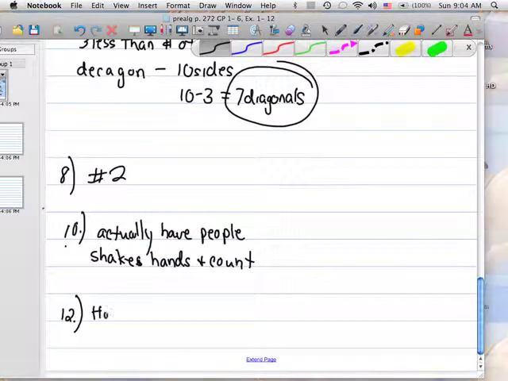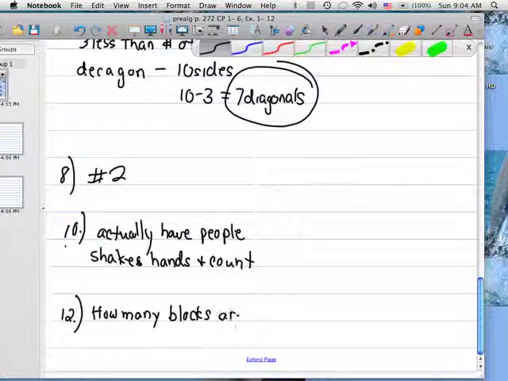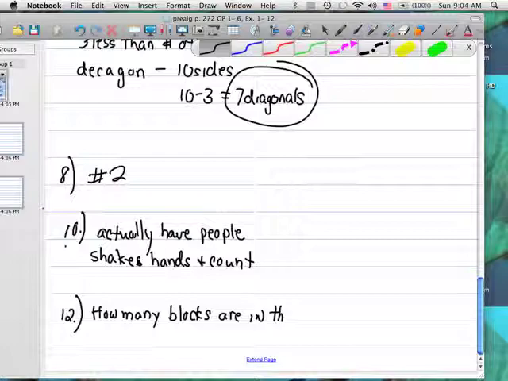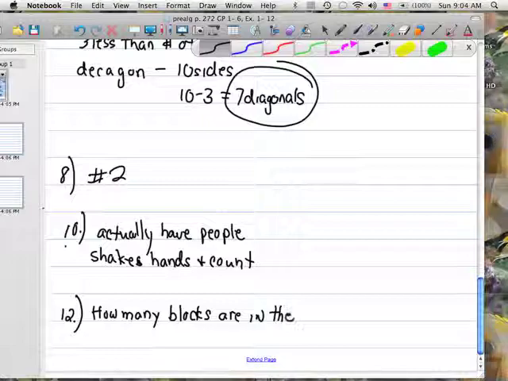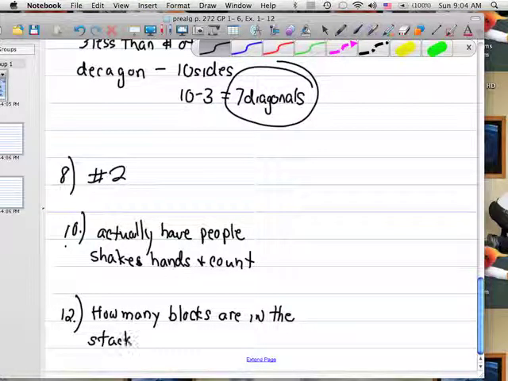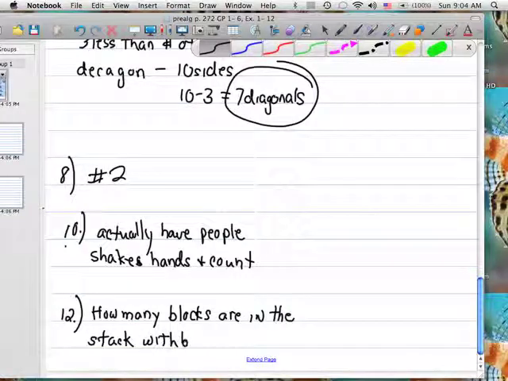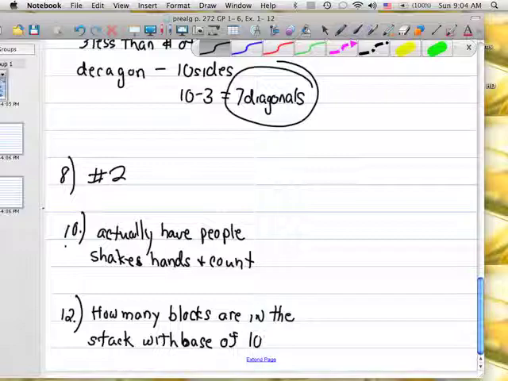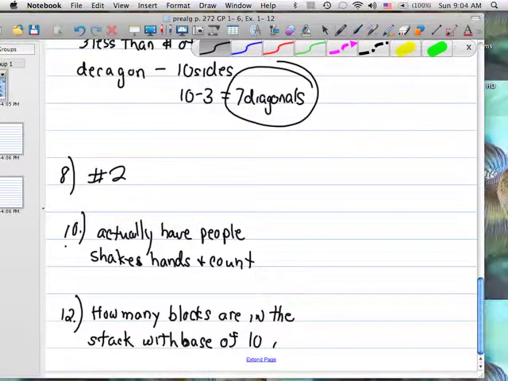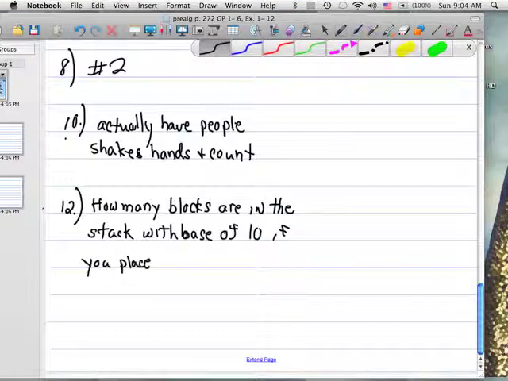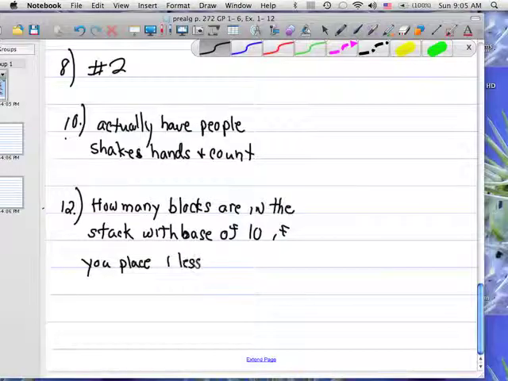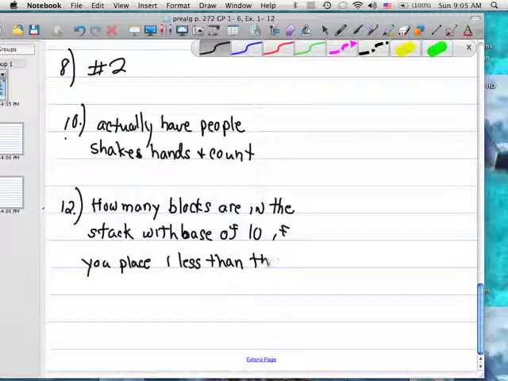So we could say how many blocks are in the stack with a base of 10 if you place one less than the previous row.